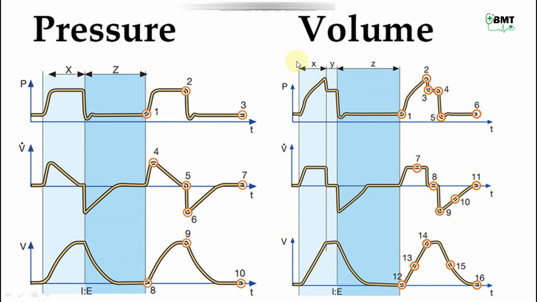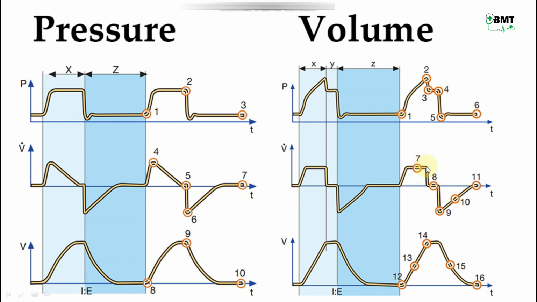So to summarize, this is the volume graph. In this is the start of inspiration, then this is the peak inspiratory pressure, then this is the plateau pressure, and from here to here it is the expiration. Now this is the flow graph.